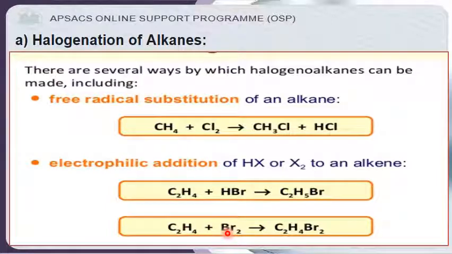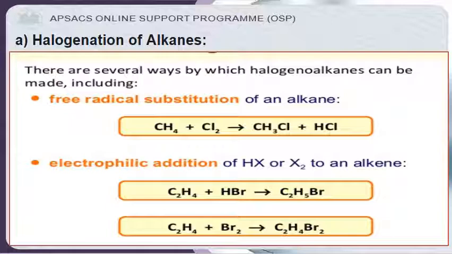The electrophilic addition of hydrogen halide or X2 to an alkene. For example, you have ethene. When ethene is reacted with hydrogen bromide, it will give ethyl bromide. One of the hydrogens is replaced by the bromo group, so this is the electrophilic addition reaction.